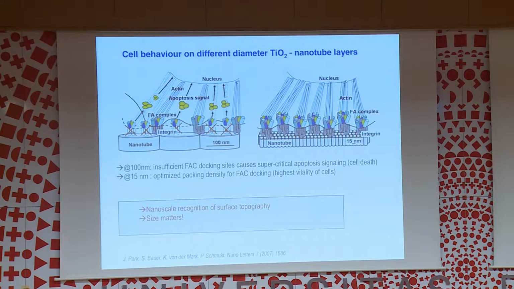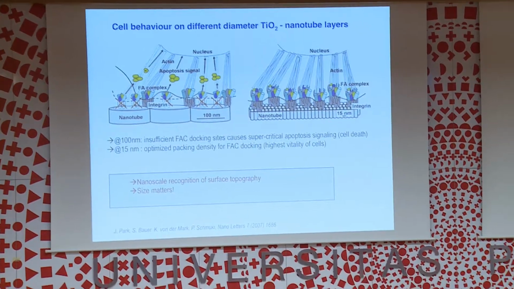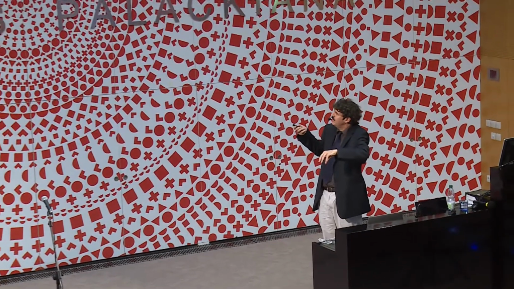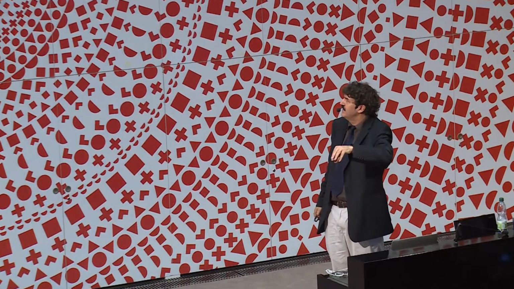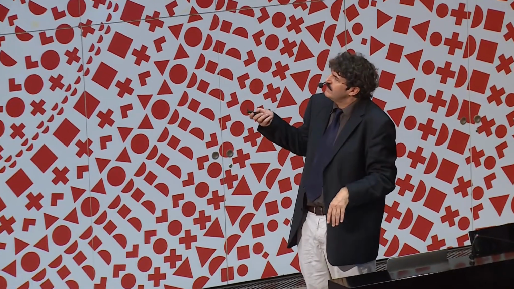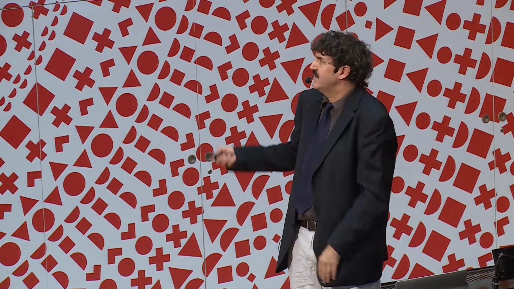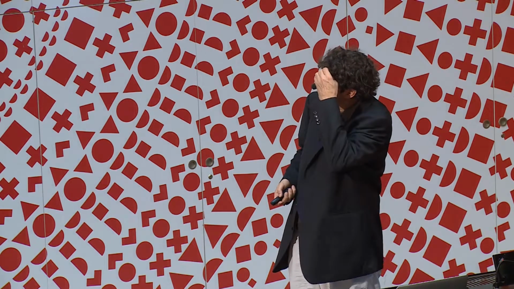And the idea is a very rough and very straightforward idea. More or less, if the integrin cluster fits onto the 15 nanometer nanotube surface, it sends virtually no apoptosis signals to the nucleus of the cell, and if they don't fit, you have a lot of attempts of the cells docking to the surface, and that sends an apoptosis signal to the nucleus.